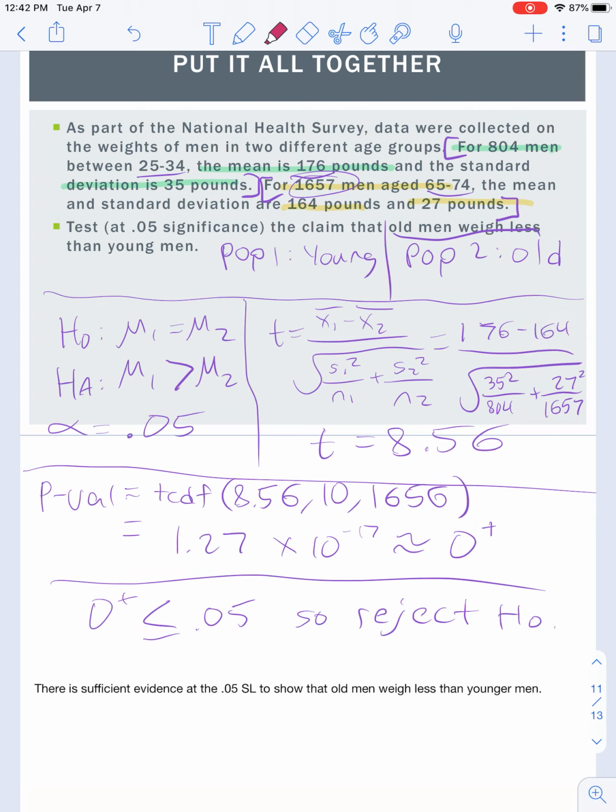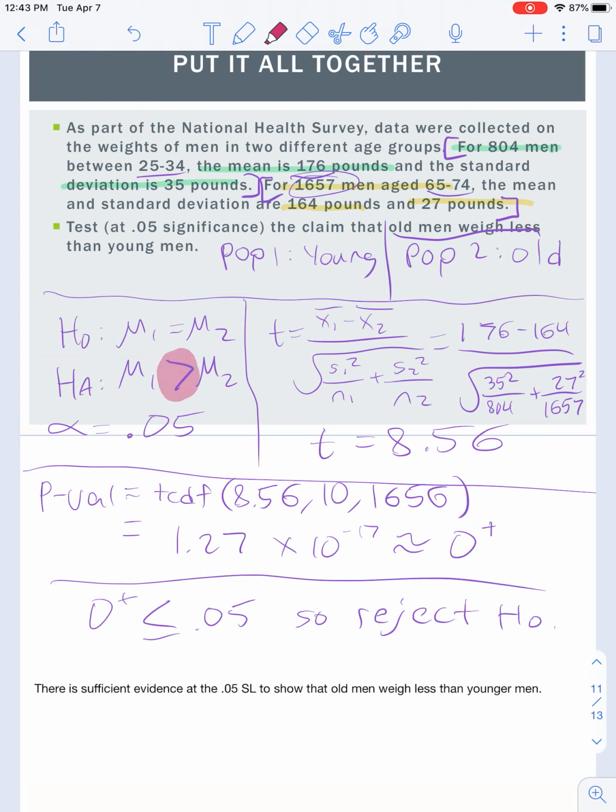The first standard deviation went right here. The second standard deviation went right here. This all typed into my calculator, putting parentheses around the top, putting parentheses around each of the individual fractions, gave me an answer of 8.56.